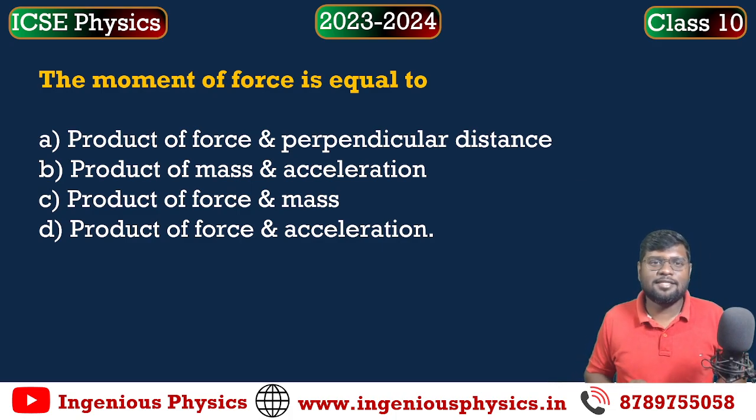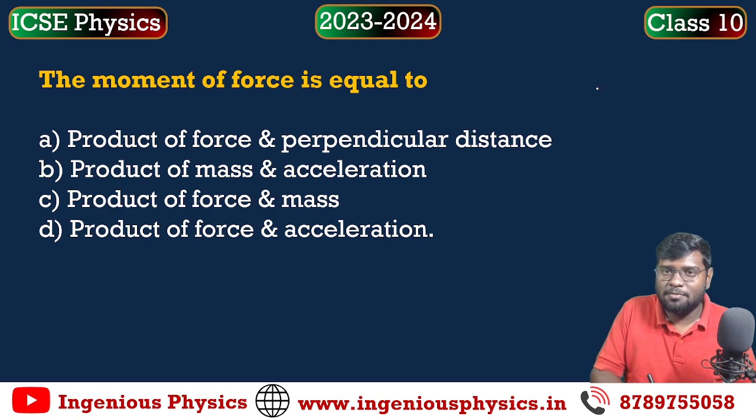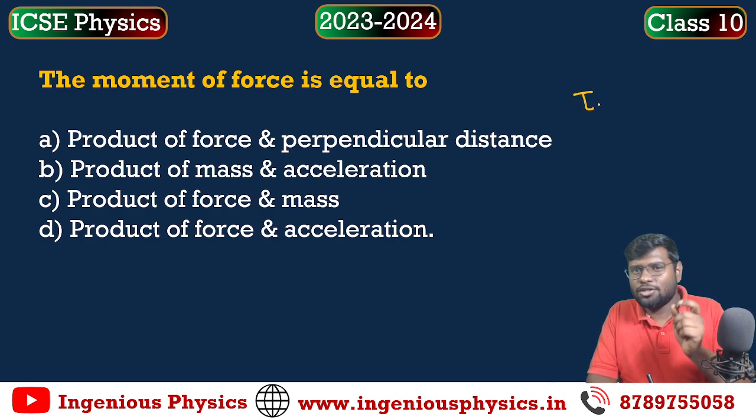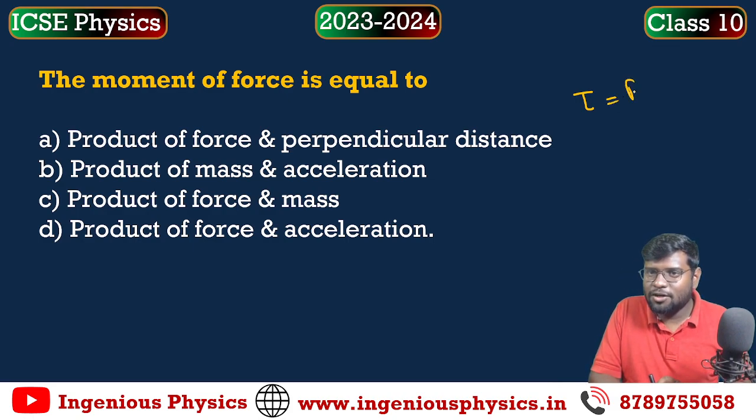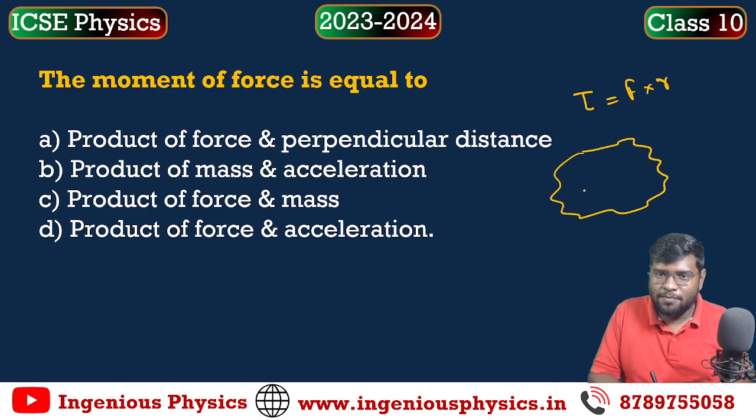Next question is: the moment of force is equal to. You might have studied in chapter number 1 that the moment of force is the turning effect, that is the torque. It has a formula: torque is equal to force into perpendicular distance. Suppose I draw a random shaped object, and this is a pivot, and I am applying a force in this direction. We have to take one line of action like this, right?